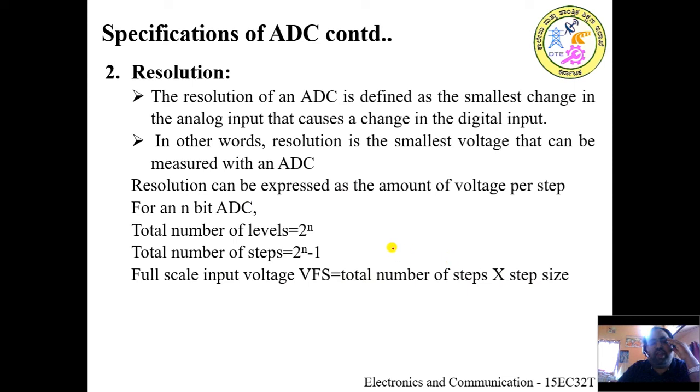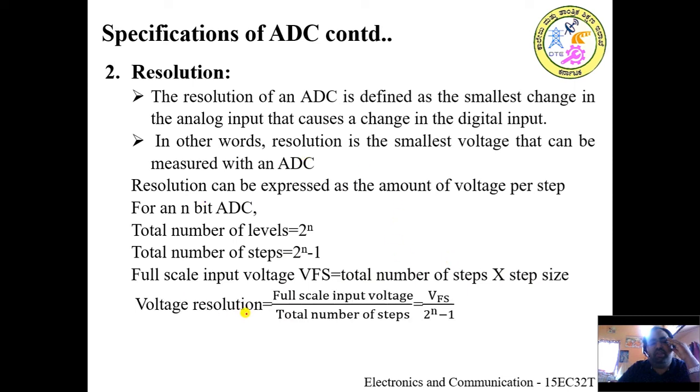So now we can define the voltage resolution as the ratio of full scale input voltage to the total number of steps. The full scale input voltage is designated with VFS, and as we know the total number of steps is 2 to the power of n minus 1.